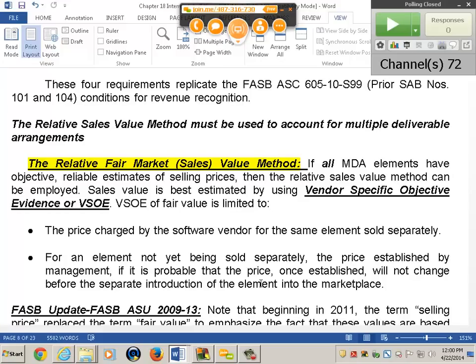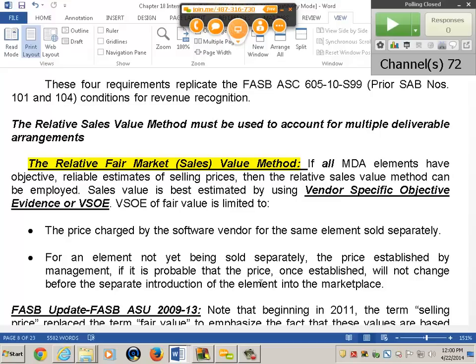So if this software developer went to another university and simply wanted to build a registration system, how much would you charge just for the registration system? That's vendor-specific objective evidence. How much would you charge only for the billing system? How much would you charge solely for the transcripts? These would be vendor-specific objective evidence.